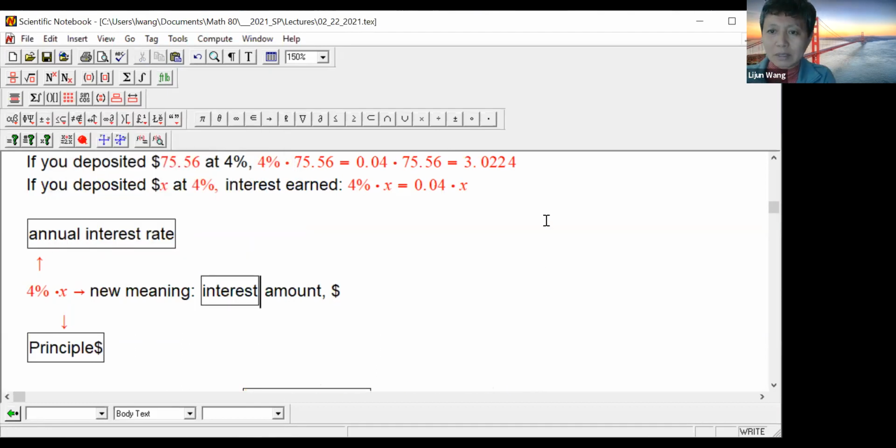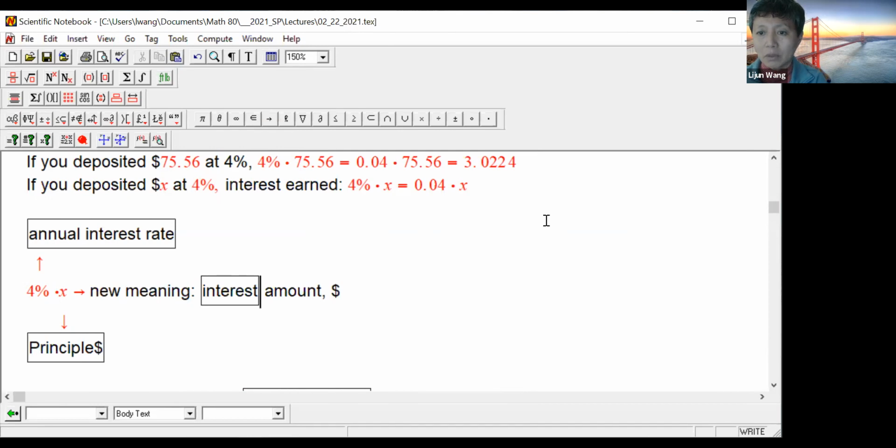I want you guys to write this down. Make sure you understand. This is the vocabulary in mathematics and in your daily life. These terms are actually used in your daily life. If you go to a bank, they will probably tell you that you have 50,000, that's your principal. The interest rate is such and such.